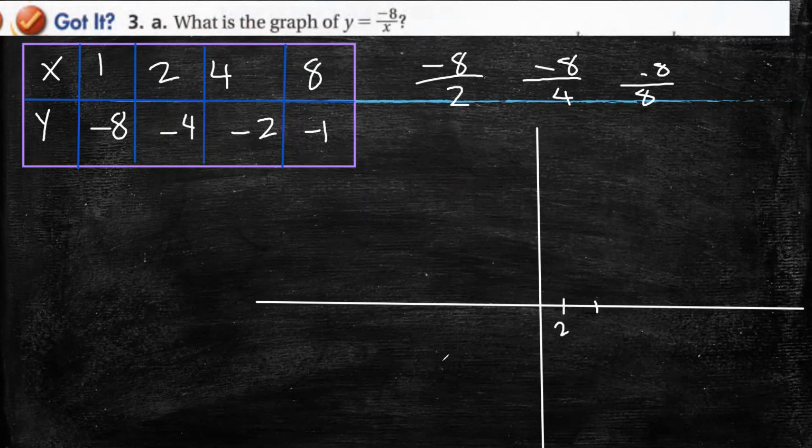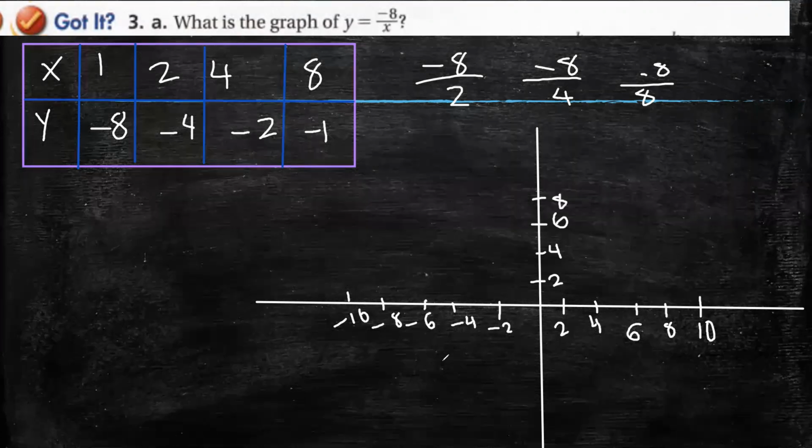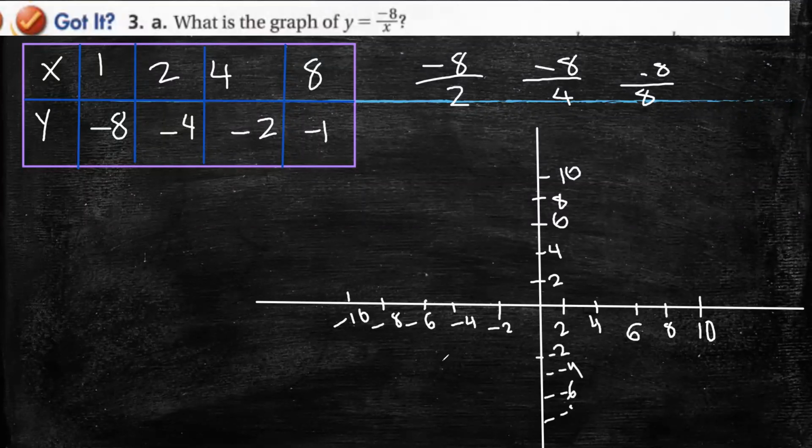So 2, 4, 6, 8, 10. Negative 2, negative 4, negative 6, negative 8, and negative 10. 2, 4, 6, 8, and 10. Negative 2, negative 4, negative 6, negative 8, and negative 10.